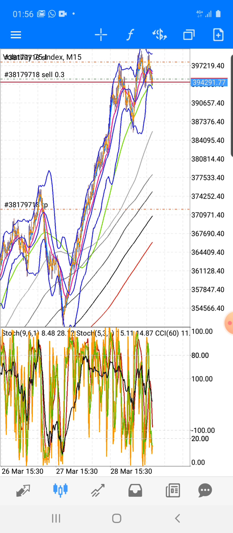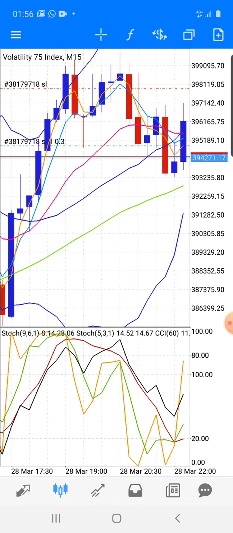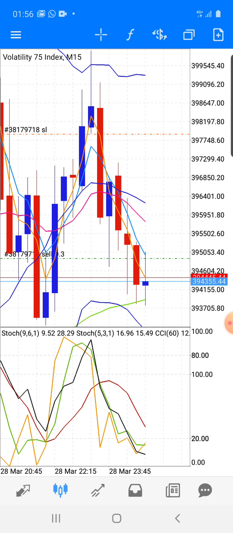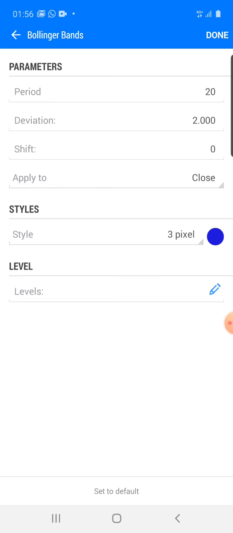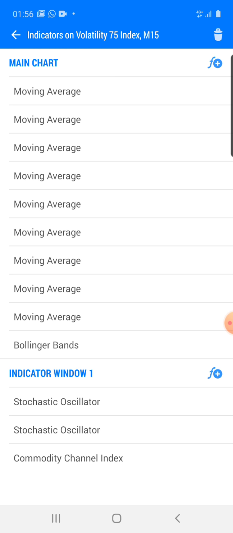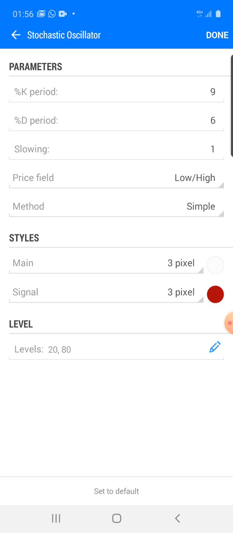All right, guys, just so you know the settings for the stochastic, click on function. The main difference is I'm adding a Bollinger Band, 22.0 close. Then on the indicator window, I click this function plus, I add stochastic oscillator 961, low, high, simple, white and red.